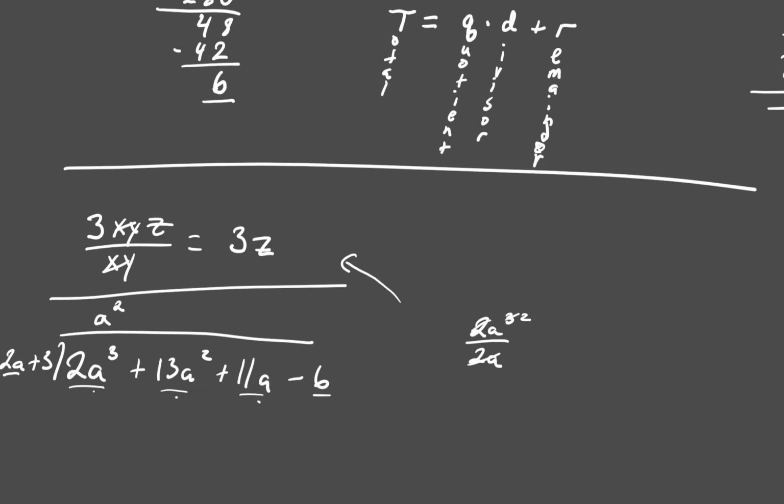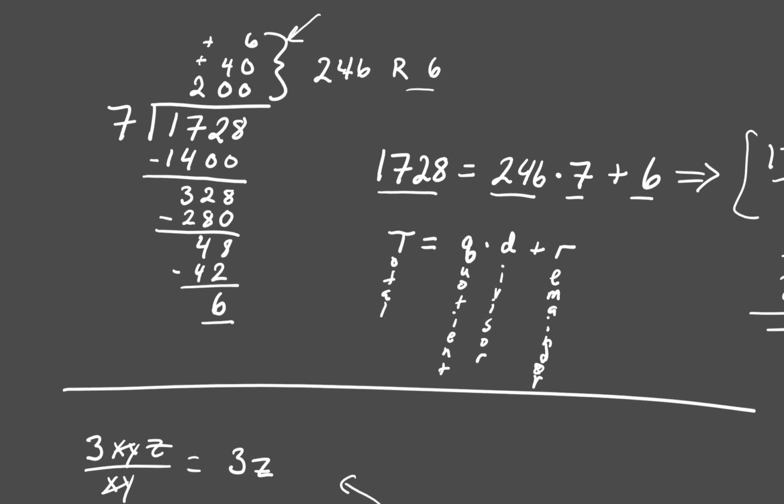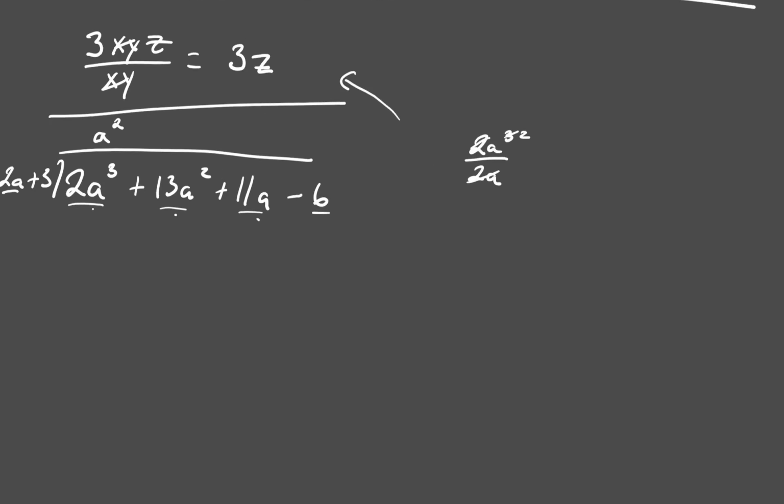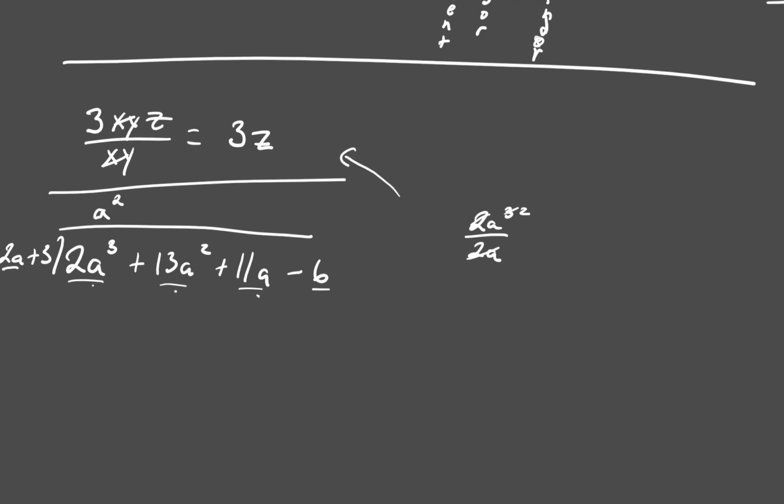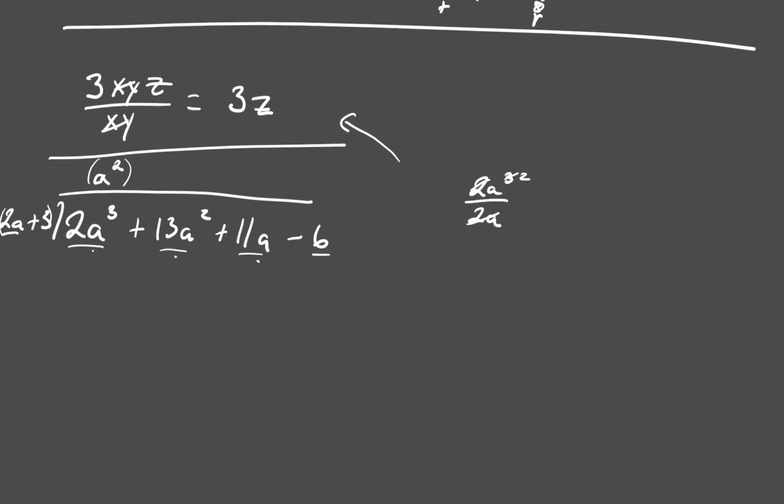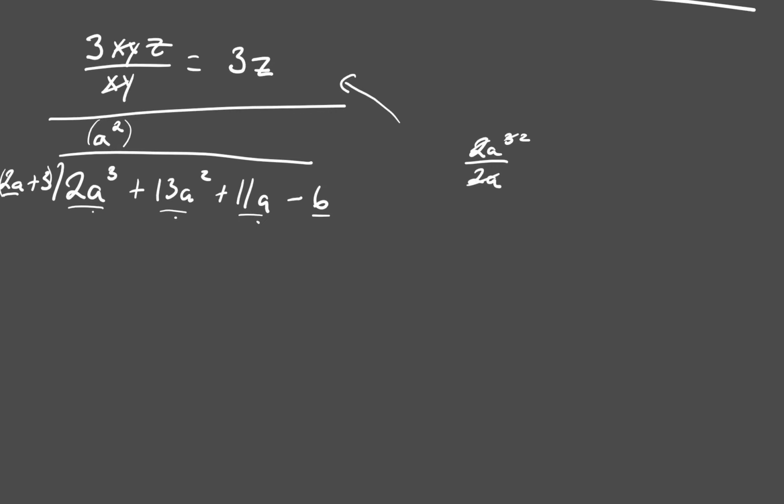And now, just like with this, what did we do? We multiplied the number of groups that we had times the size of each group, and we took that away from the total. Okay, so essentially what this is saying is I formed a squared groups of this size, and I'll have to take that away from the total. So I'm going to multiply a squared times 2a plus 3, and I'll get 2a cubed plus 3a squared.